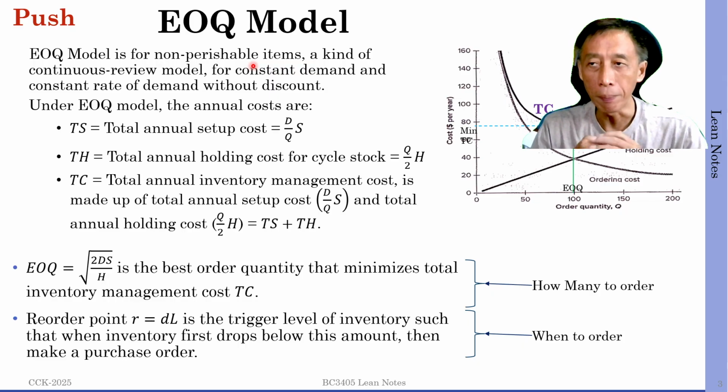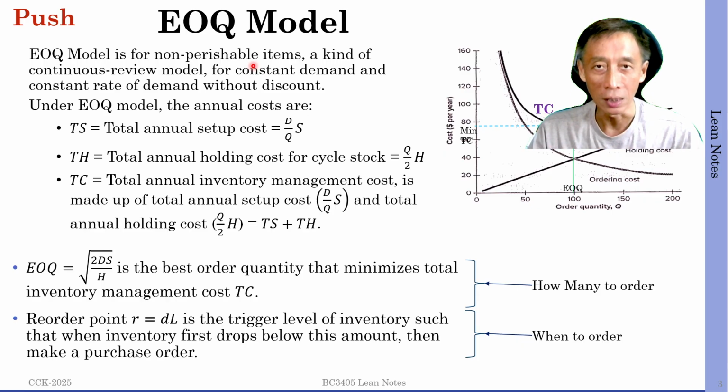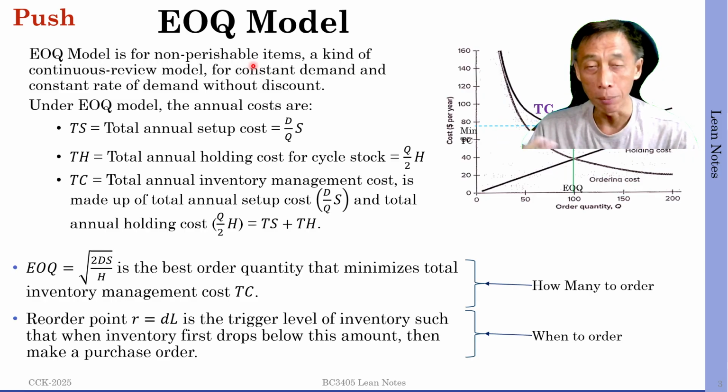So we're talking about non-perishable items that can last through the inventory cycle. That's good enough. It doesn't have to be forever, or even 1 year. It just needs to last through several inventory cycles so that all the assumptions made in the theory, in the derivations, are valid.